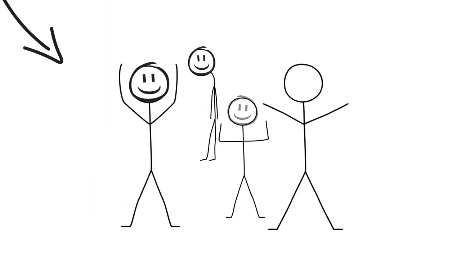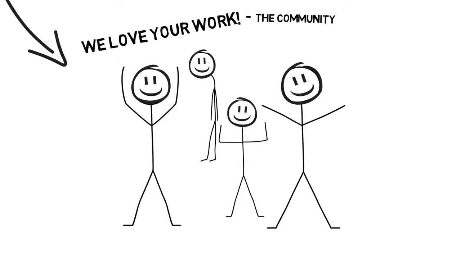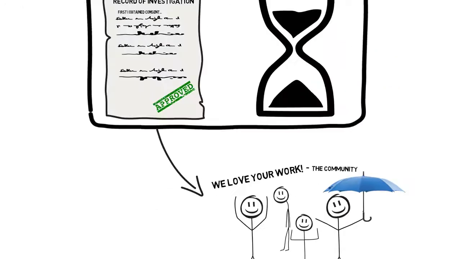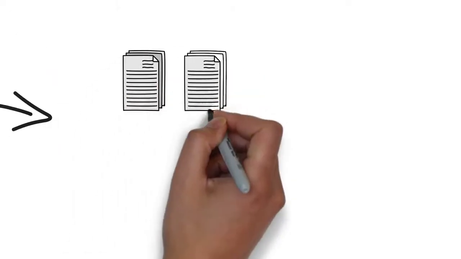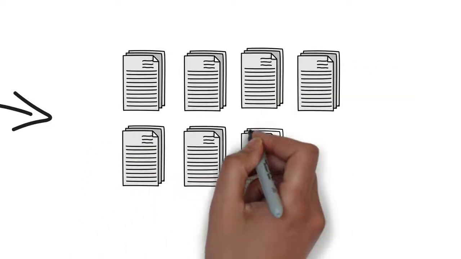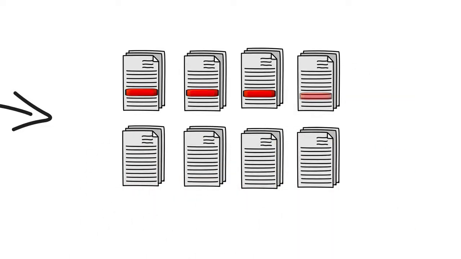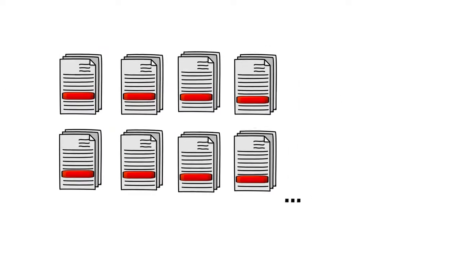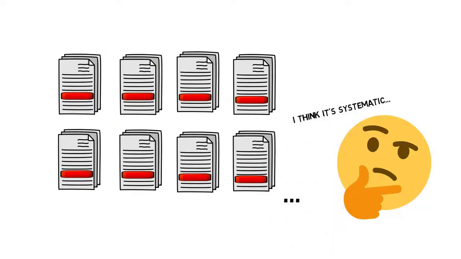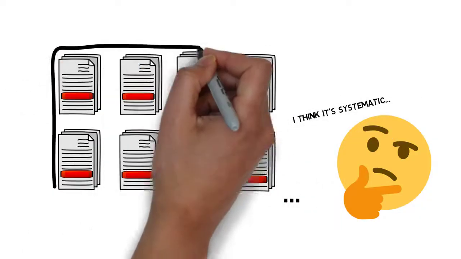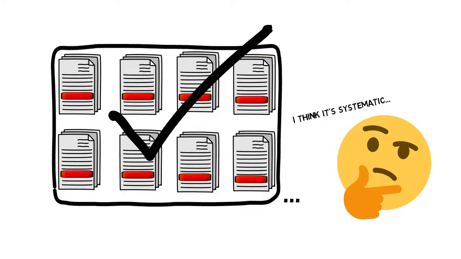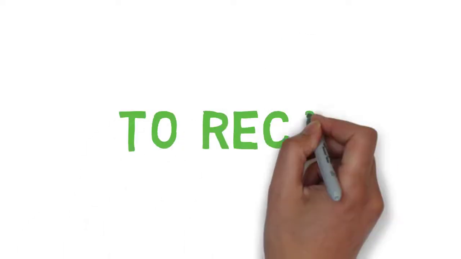It also allows for the ombudsman's organization to show the community all the good work you have done. And it protects you. It also allows for large-scale problems to be found and solved. For example, if we find 20 different complaint investigations that all have the same delay, that might be due to a larger systematic problem, and so we can work together to improve the process for everyone's benefit.